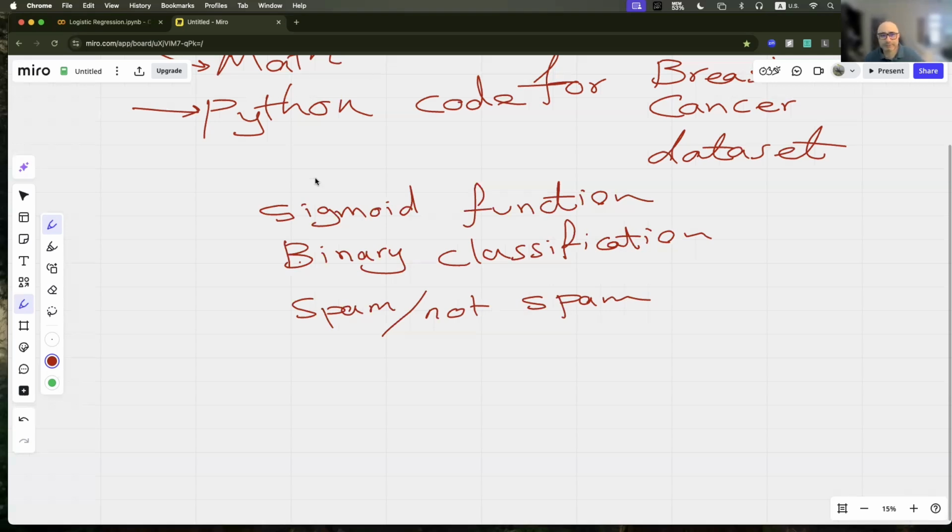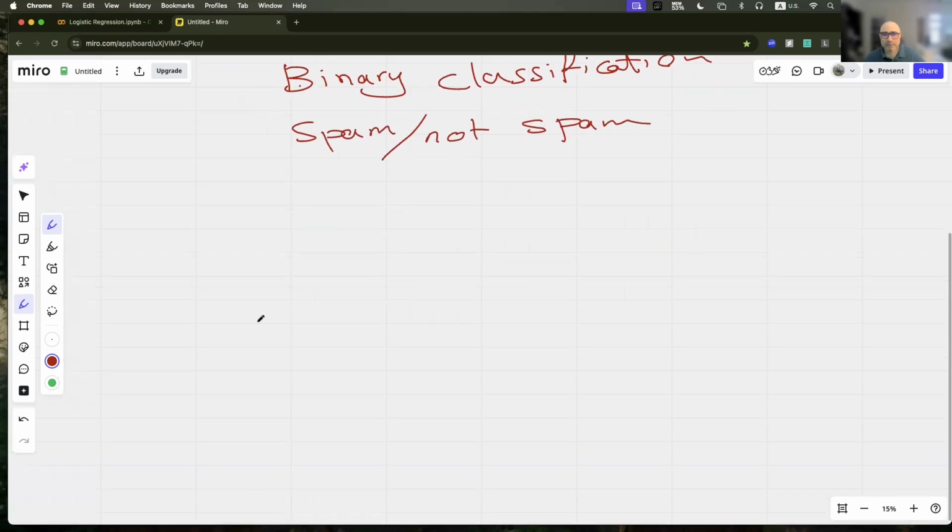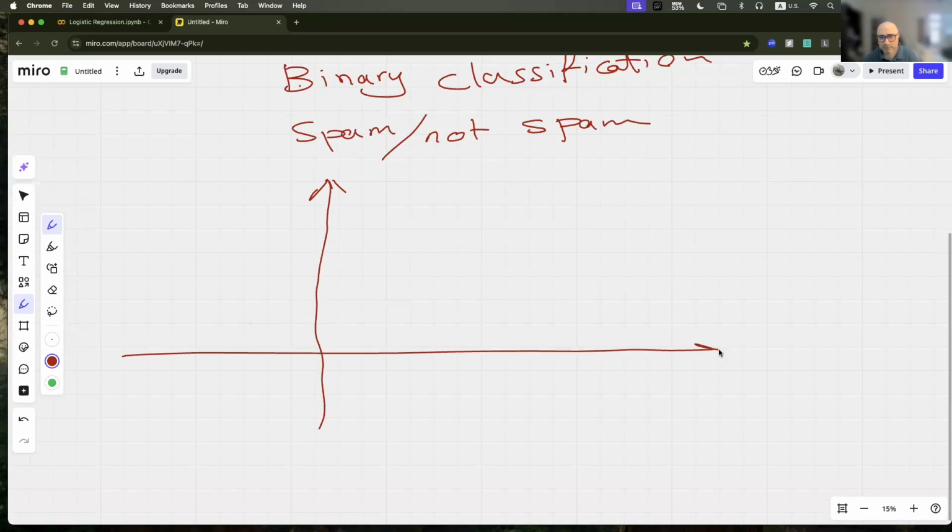All right, so the way this works is based on the sigmoid function. If this is a sigmoid function, it works like this. This is X, and this would be Y, for instance, in this plot.